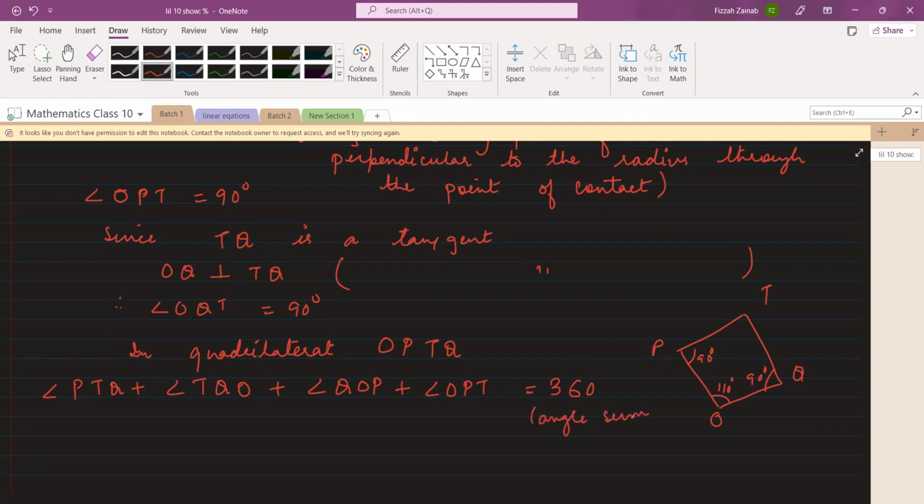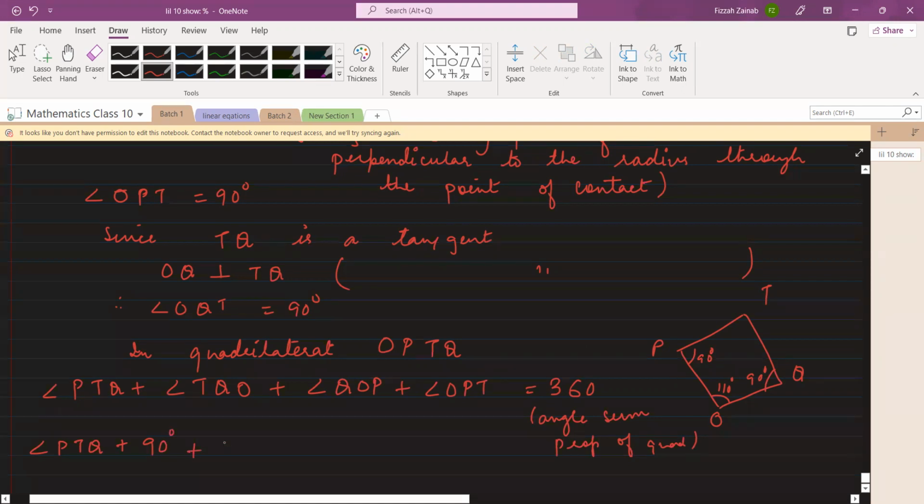Now putting values. Angle PTQ we have to find, plus TQO is 90 degree, this is 110 degree, plus this is again 90 degree, is equal to 360 degree. Now quickly find angle PTQ from here.